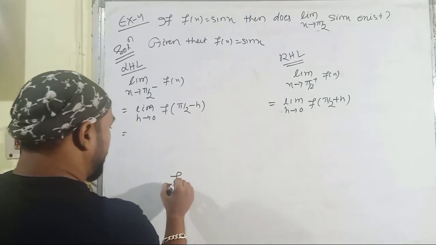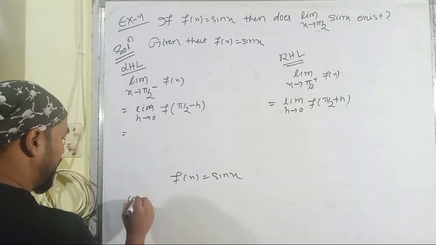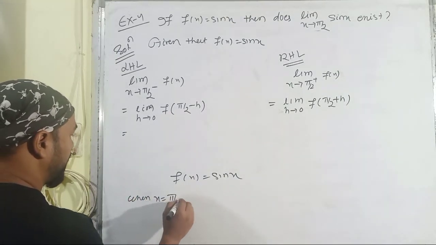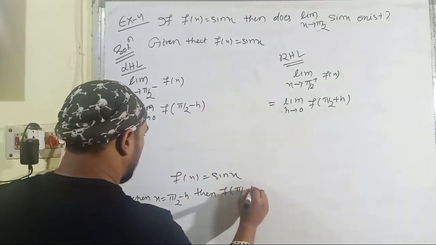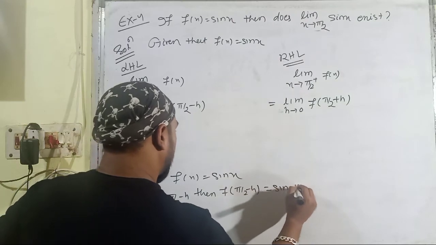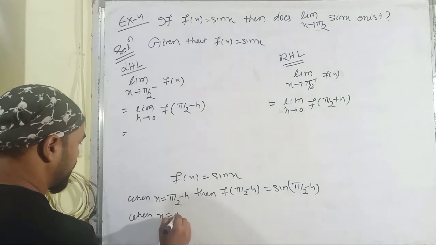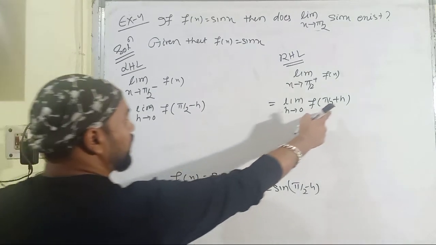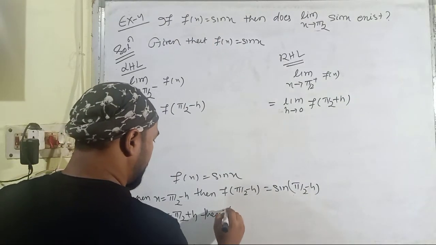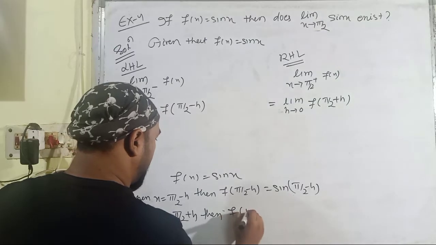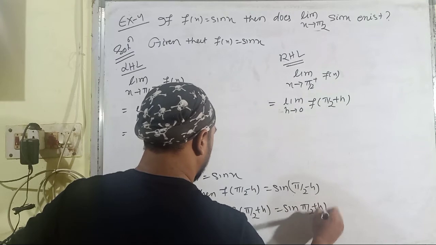So if f of x is equal to sin x, when x is equal to pi by 2 minus h, then f of pi by 2 minus h is equal to sin of pi by 2 minus h. When x is equal to pi by 2 plus h, then f of pi by 2 plus h is equal to sin of pi by 2 plus h.